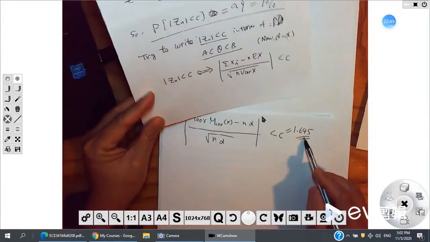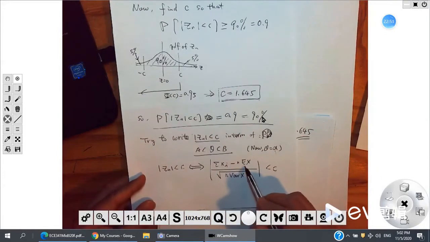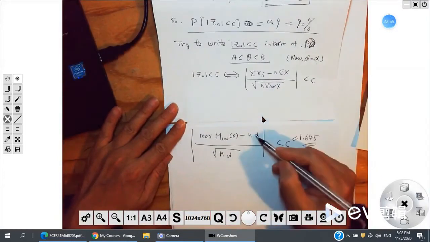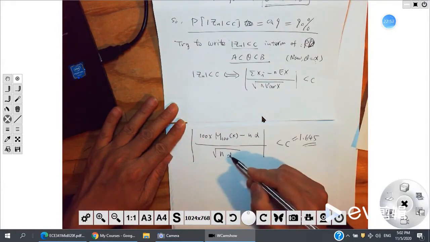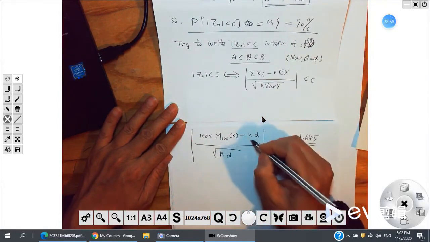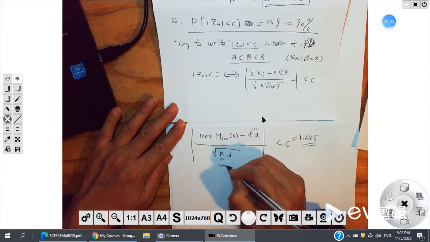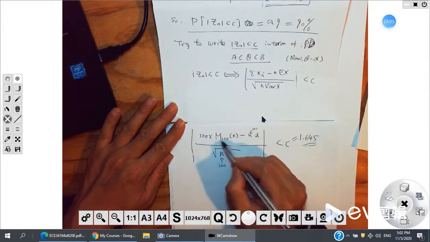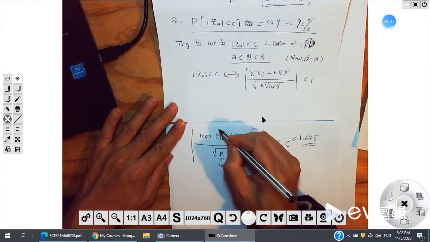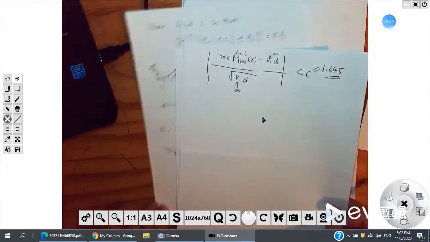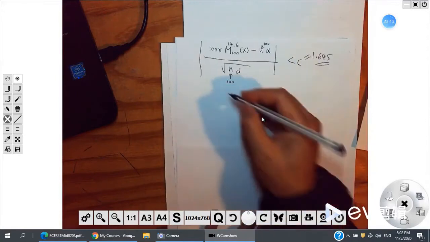E of X is alpha. Variance of X is also alpha. And n is 100. And this one is 14.6, times 100.